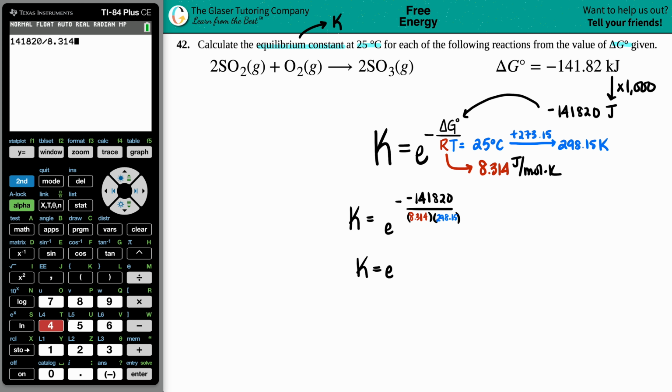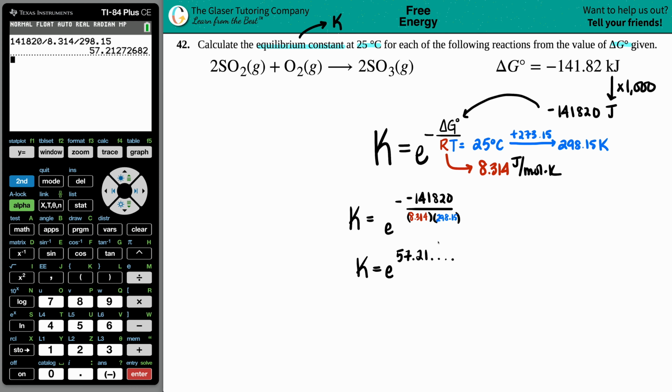And now since I'm not using parentheses, and I still want to show that that temperature is in the denominator, I'm going to press divide by 298.15. Enter. And we get 57.21, and a lot more numbers, right?